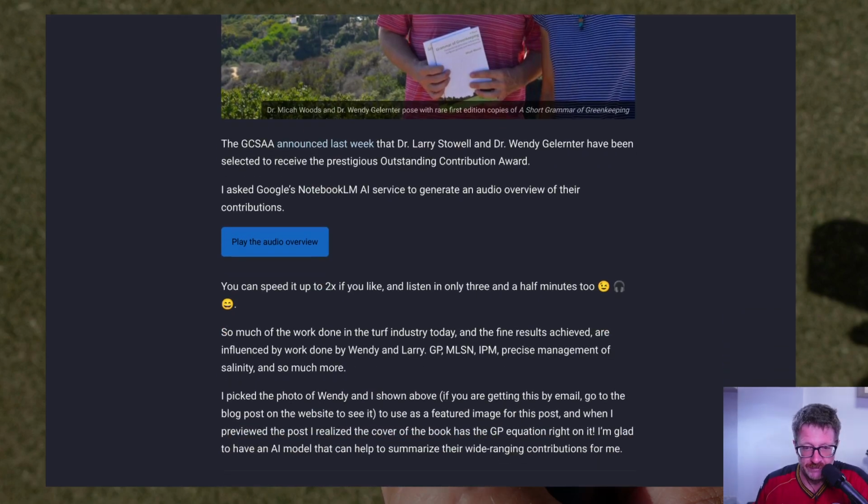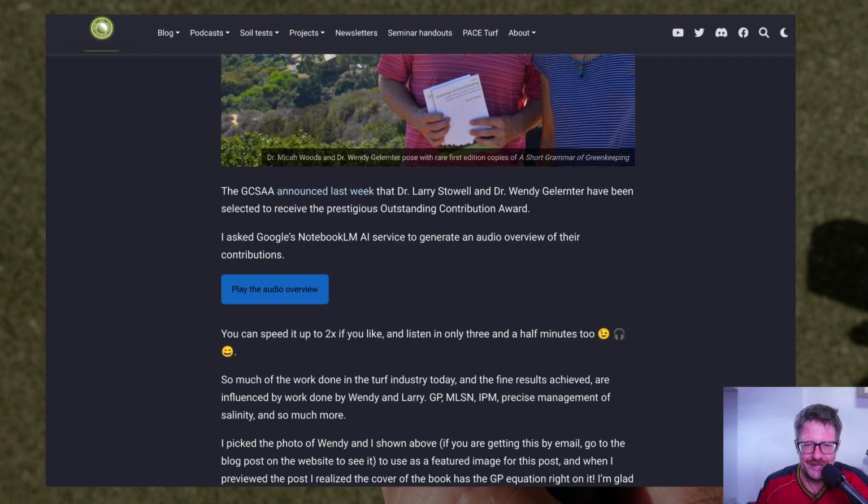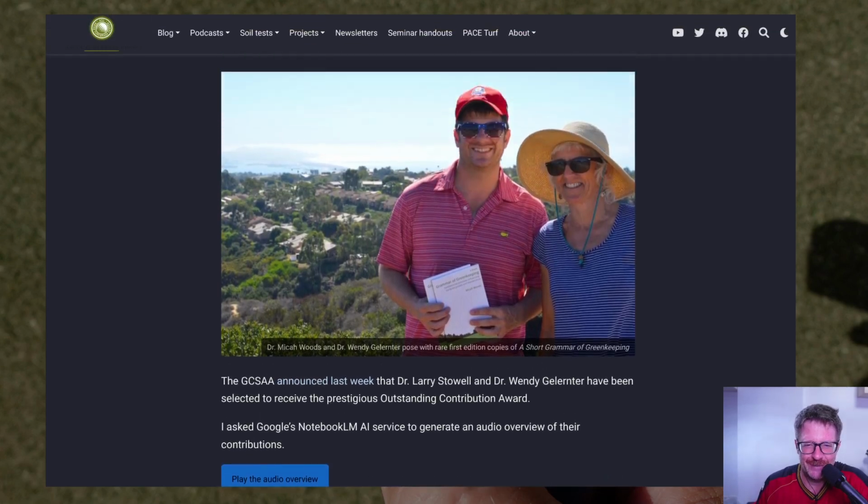They just did so much. And I put the picture of me and Wendy in San Diego, and I was holding a couple rare first edition copies of my book, A Short Grammar of Greenkeeping. And if you look at that book on the cover, I have some equations that are kind of faded below the title.